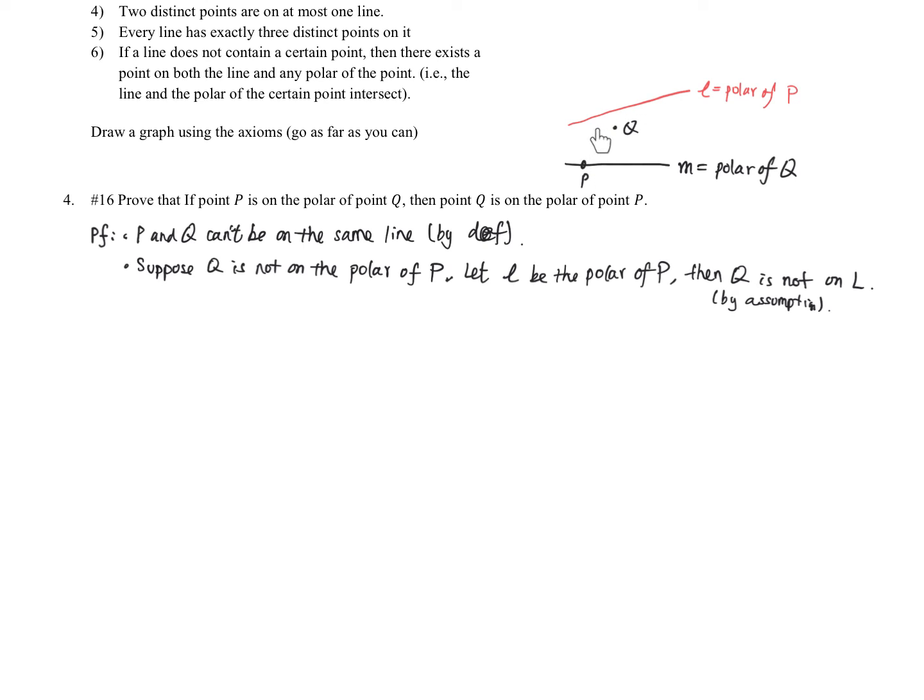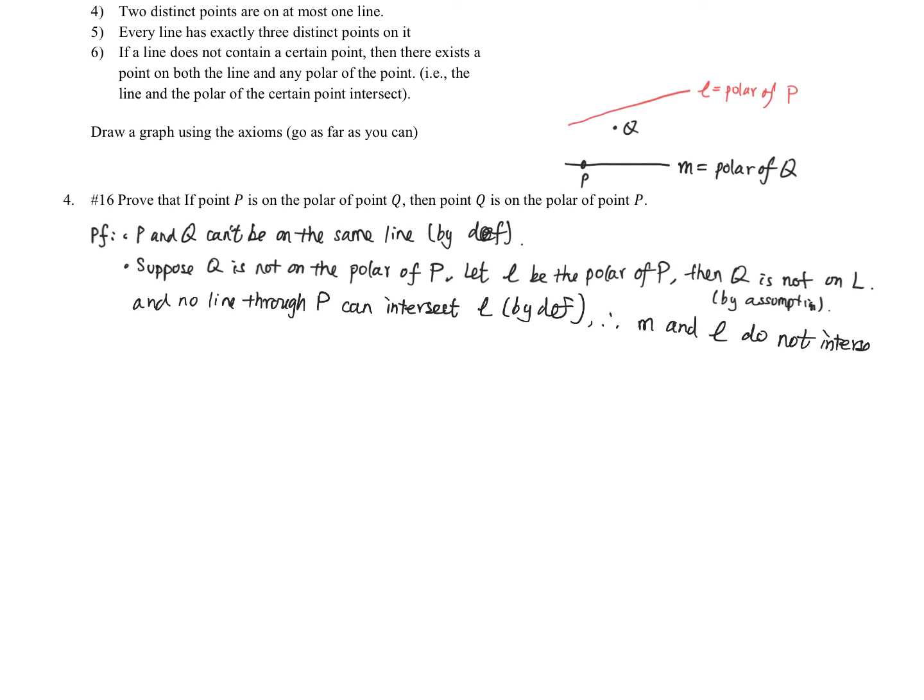I'm going to write this down: no line through P can intersect this line L. This is really just by definition of polar, because that's the polar of P. What I'm trying to establish is therefore that M and L do not intersect, because no line connecting P will be intersecting any points there.